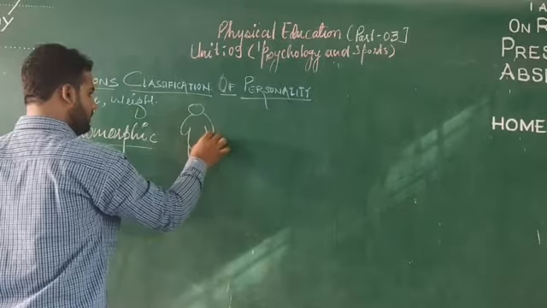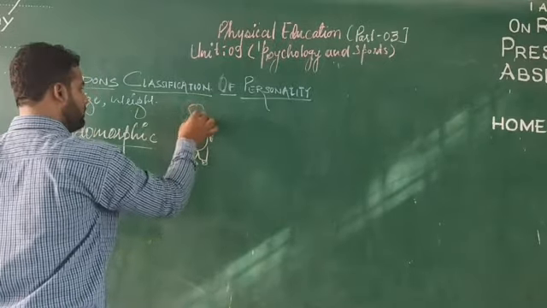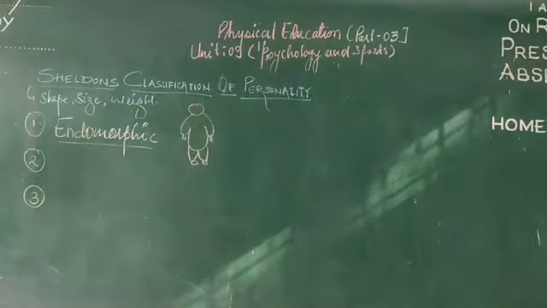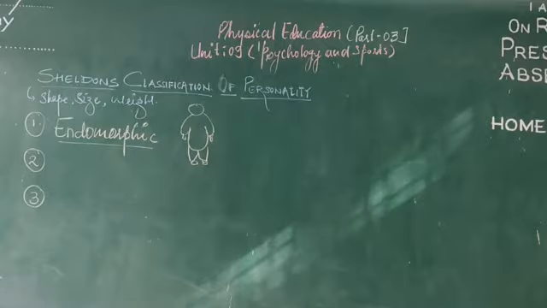These are the people who are endomorphic, a person whose body consists of a lot of fat, etc. So students, this is Sheldon's classification, which is based on body structures. It is of three types basically, and it was given by William Howard Sheldon.